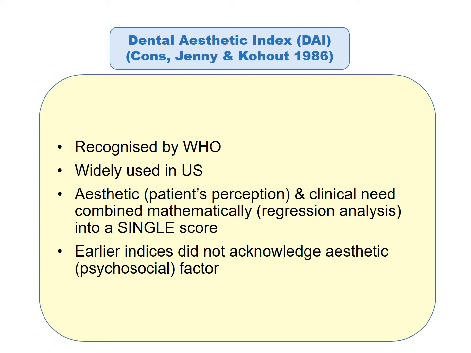In this index, the aesthetic component, or the patient's perception of the malocclusion, and the clinical need are combined mathematically using regression analysis into a single score. Earlier indices than this did not acknowledge the aesthetic or psychosocial factor of a malocclusion.